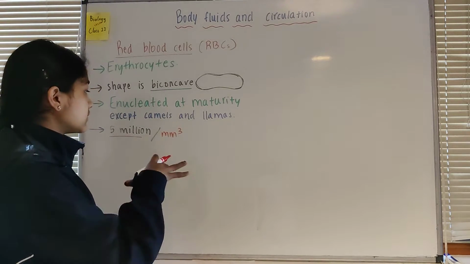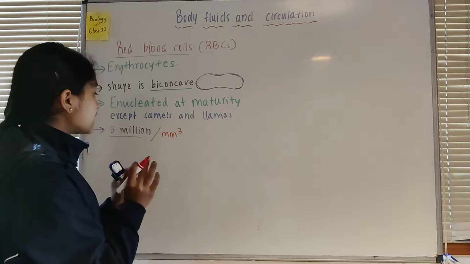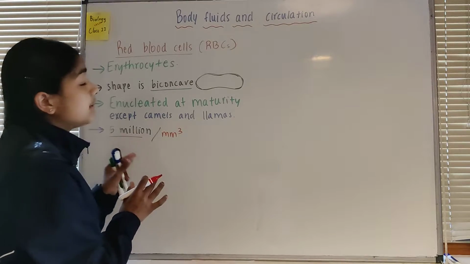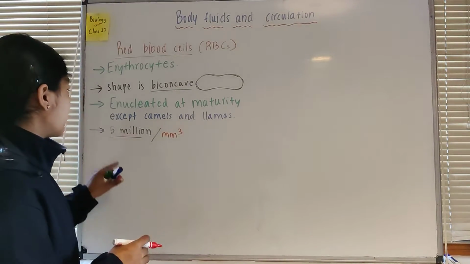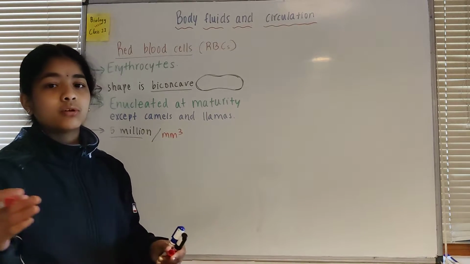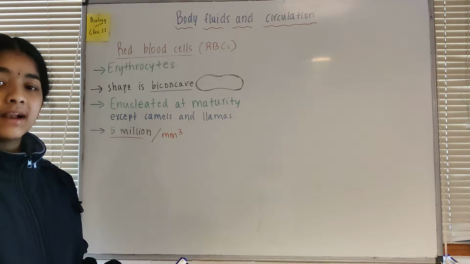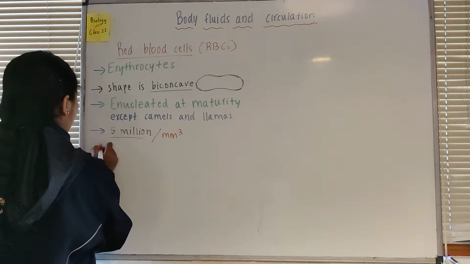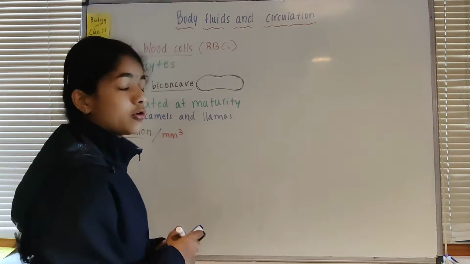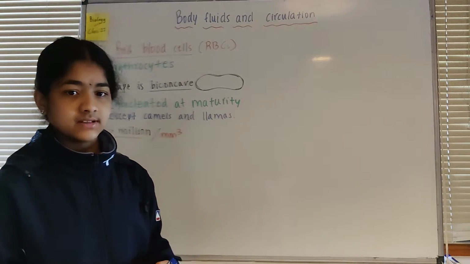So if you take a cubic millimeter space, then in that small space there are 5 million RBCs. So the number is very high. But when we come to WBCs, that is white blood cells, and platelets, there are less of those present. So RBCs are numerous in number compared to all other formed elements or corpuscles.